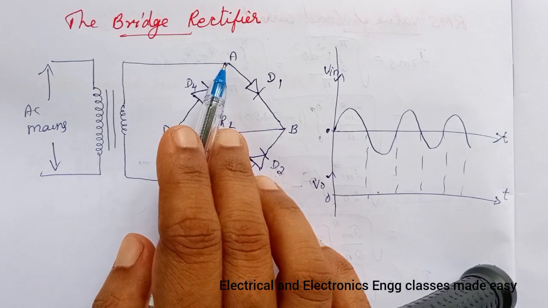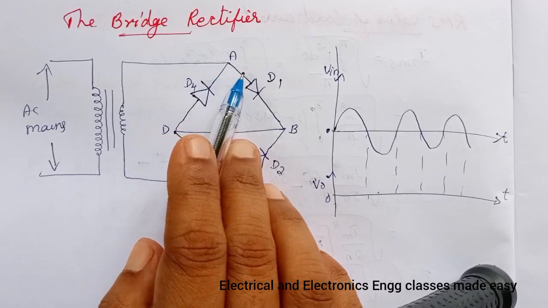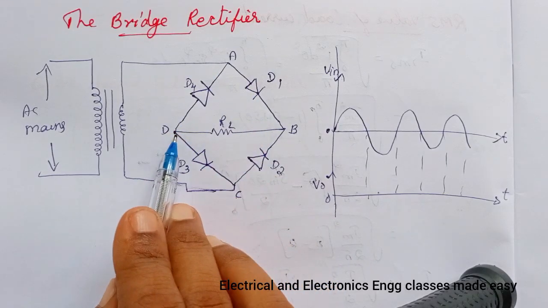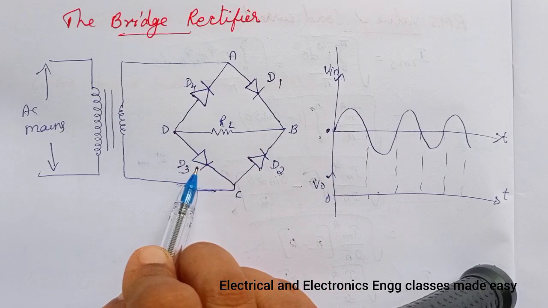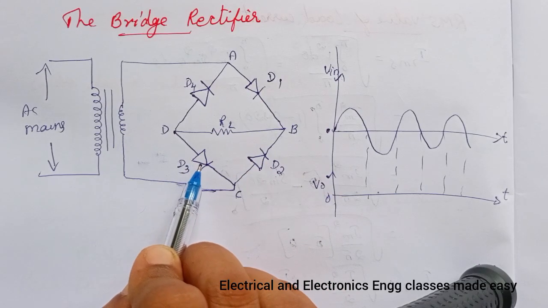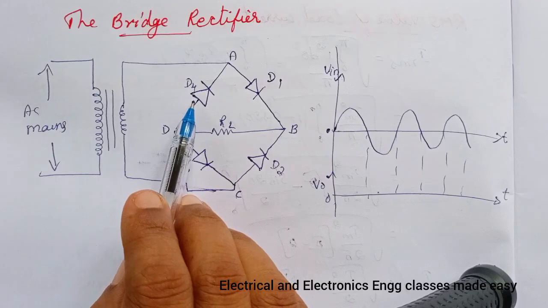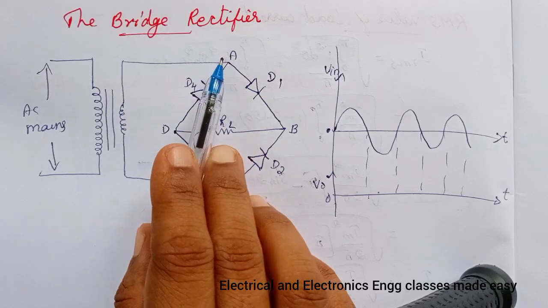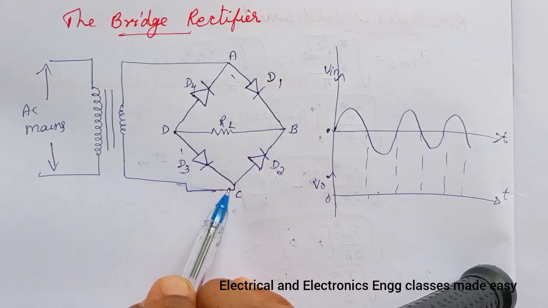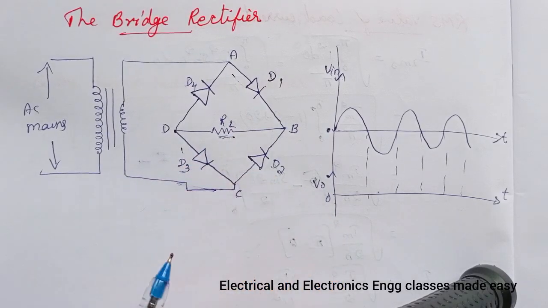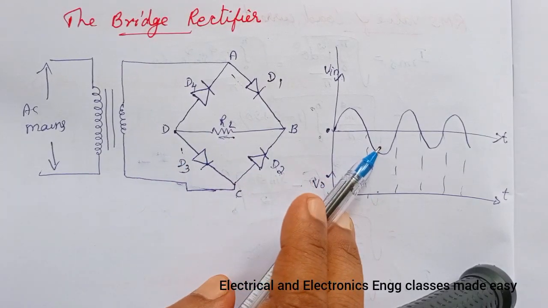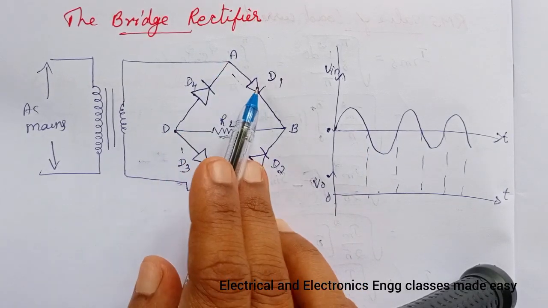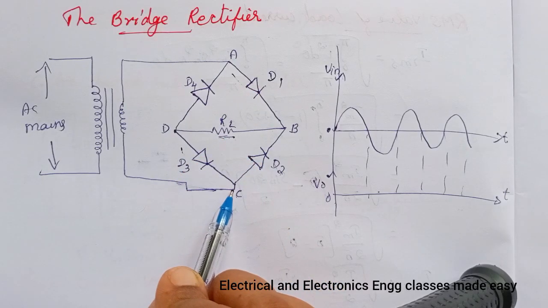So during the positive half cycle, A is positive, so the current flows in this way. D1 and D3 will be forward biased, and D2 and D4 will be in the reverse biased condition. And during the negative half cycle, terminal A is negative, which means C is positive.